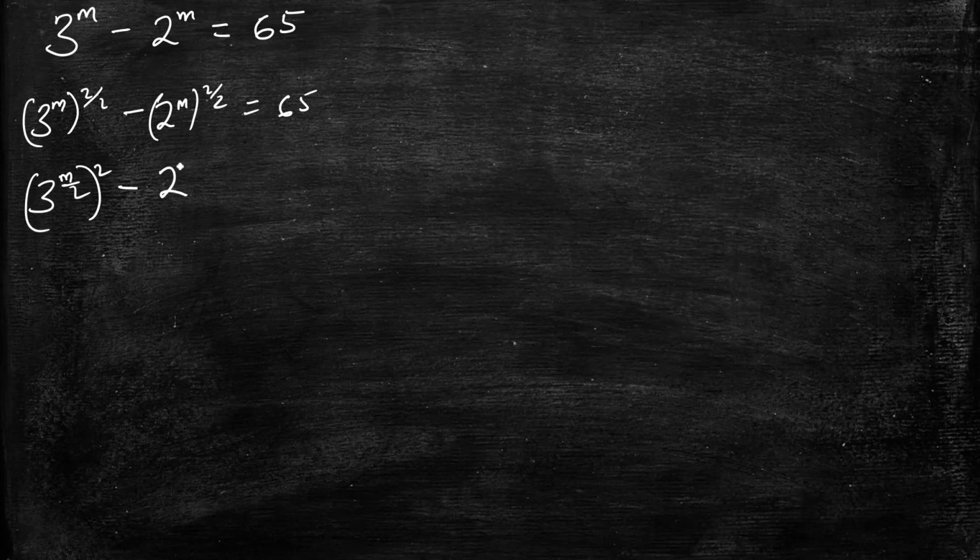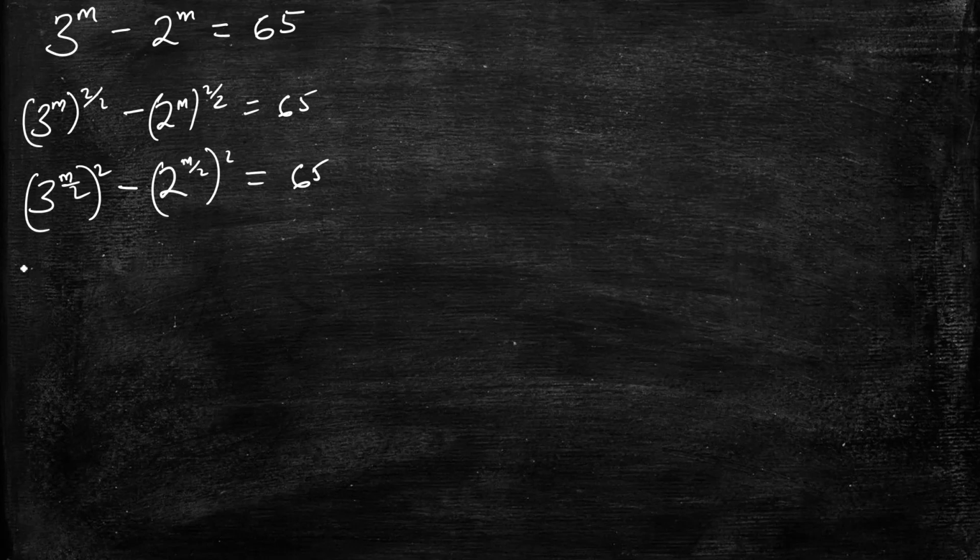So we have 2 raised to m on 2, written well, to the power 2 equals 65. Okay, now we can perform the difference of two squares, but let's represent what is inside the bracket by different variables in order to make it easier and faster.